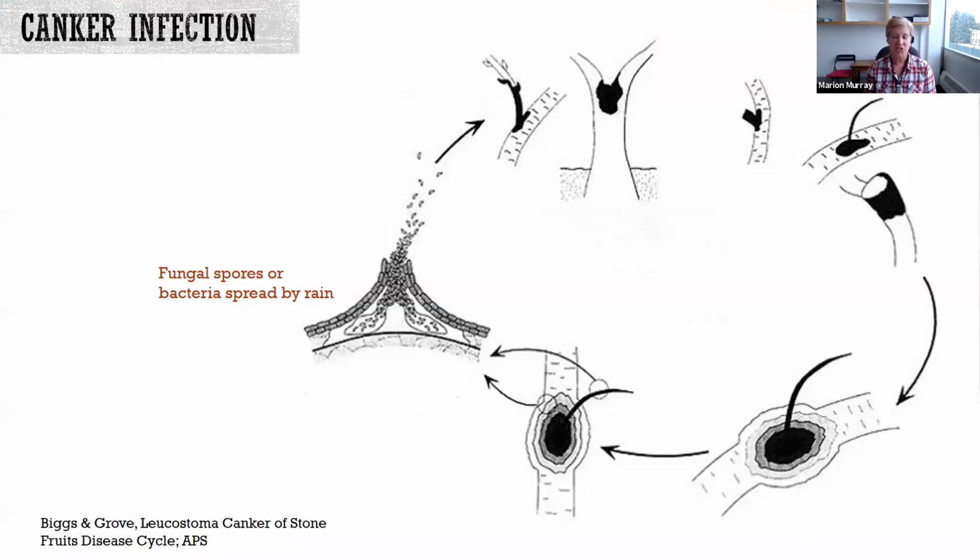All right, so just a general, very basic life cycle of canker-causing pathogens. This is just showing one caused by a fungus. So rain or insects may carry fungal spores to a place on the tree that typically has a wound.